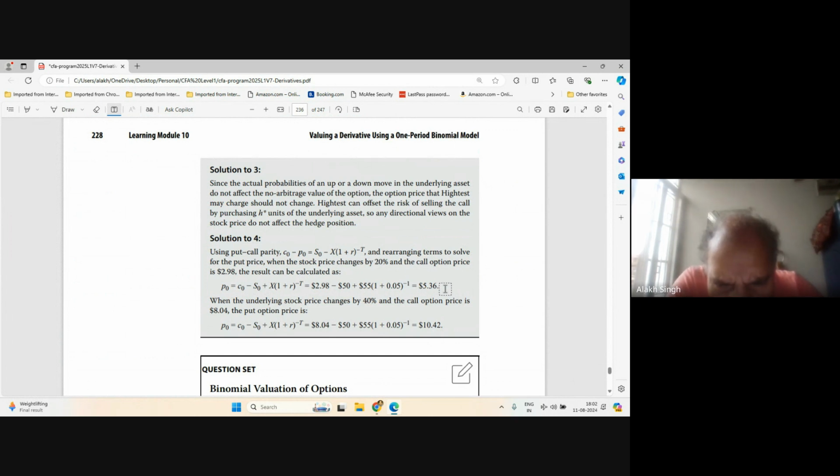Where is the difference? It is rounding difference, that's it. Our formula is correct, it is just rounding.